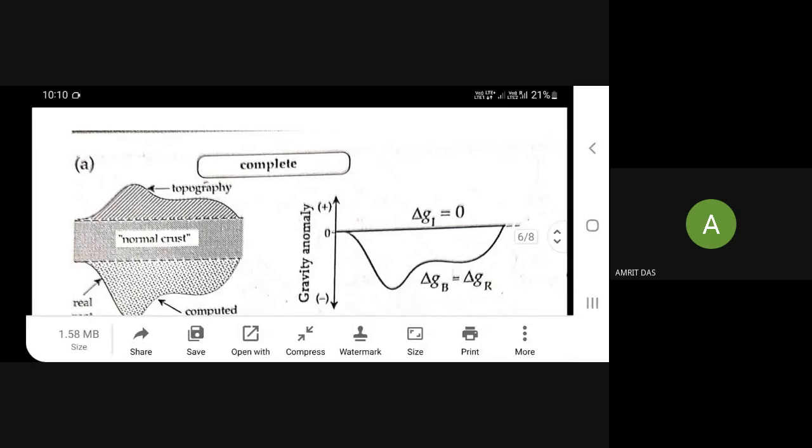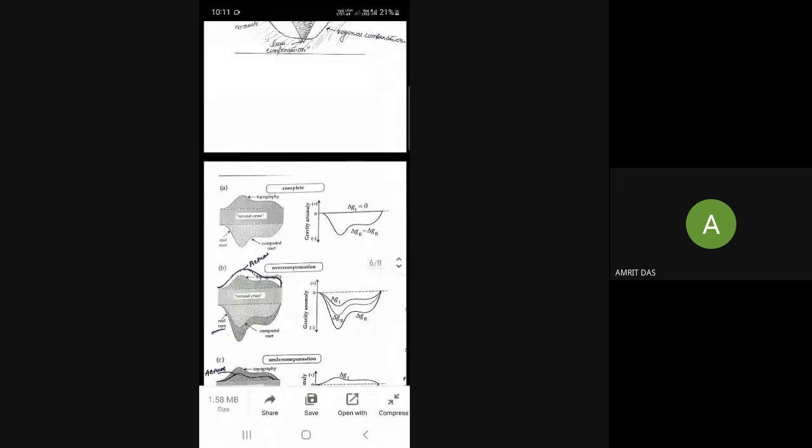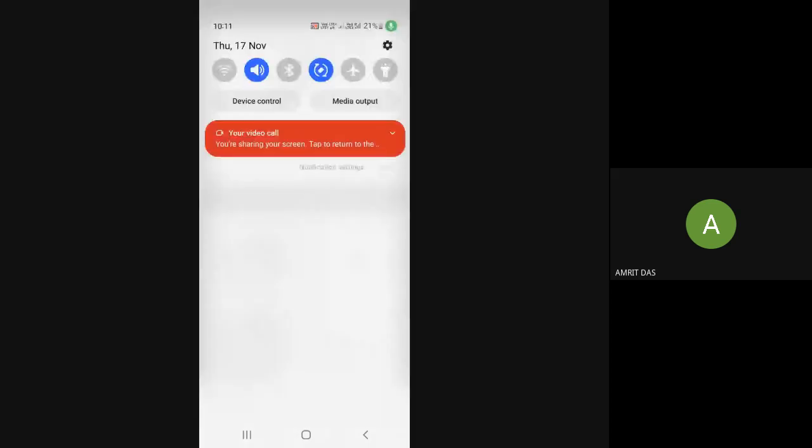It becomes settled down. Let's say you have no disturbing force at that particular time. Because let's say you have two states. Hello, Amrit? You go on, keep continuing. Okay, okay. So isostatic equilibrium means this: if you have two states, let's say crust and mantle, and between these two states you have no disturbing force, then at that time we reach isostatic equilibrium.